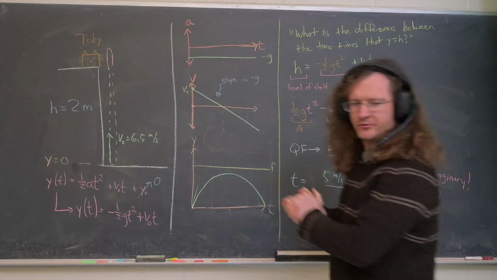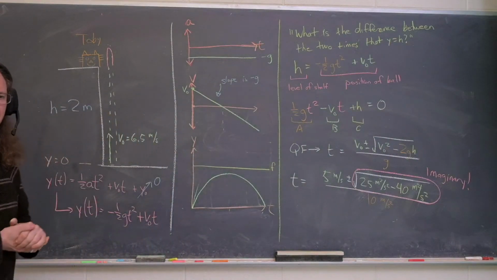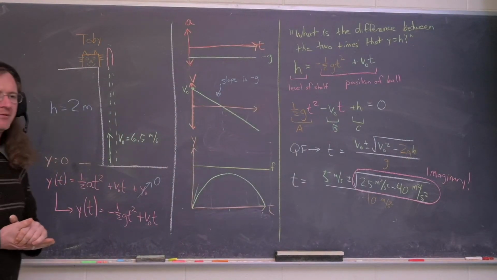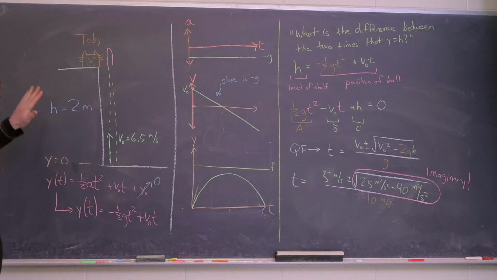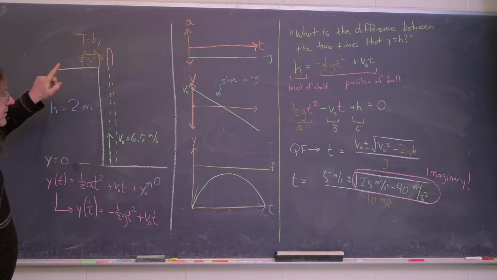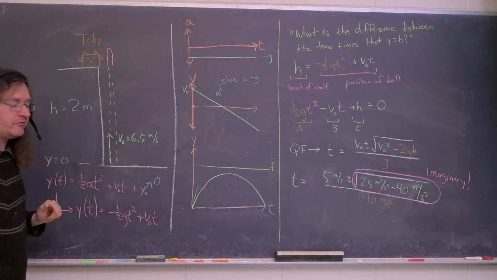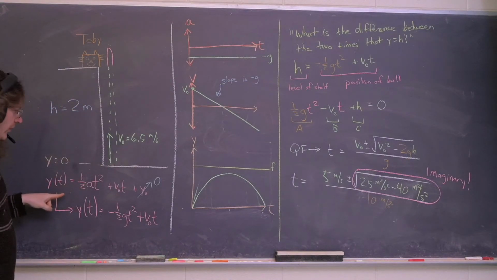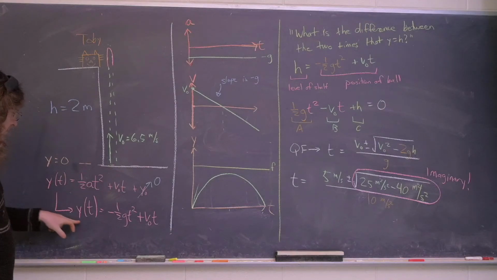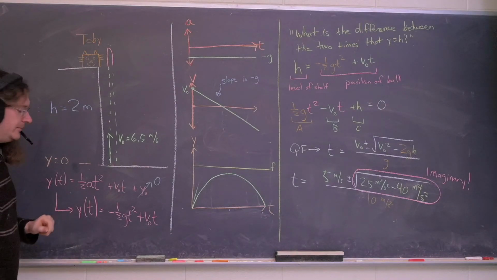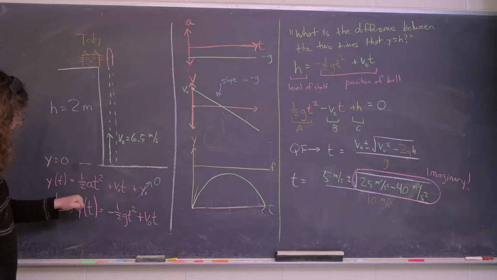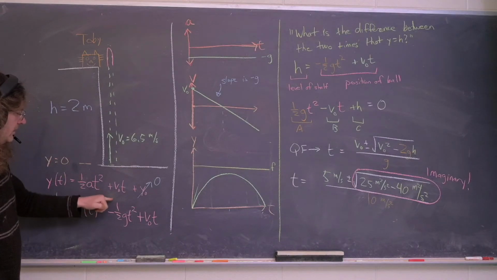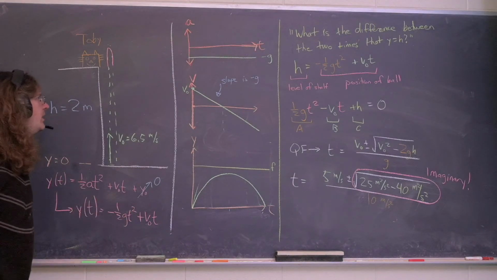So what are the skills that we had here? I'd like to do a recap and say, what did we learn from here? So we saw that, first of all, a cartoon is very helpful to understand what's going on. We needed the equation of motion. So this is the general case. This is the specific case for this problem, where we knew that the acceleration was minus g, and the initial height was 0.